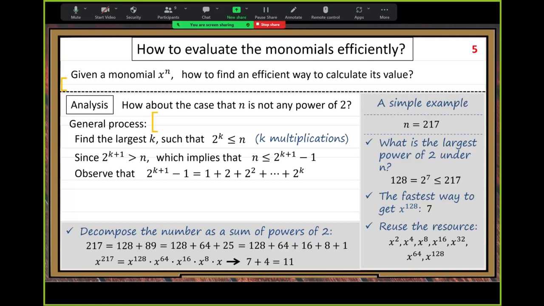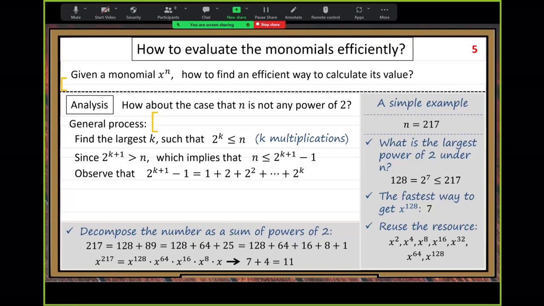If your given integer is less than or equal to that, we can use the sum of the terms here to represent that number.